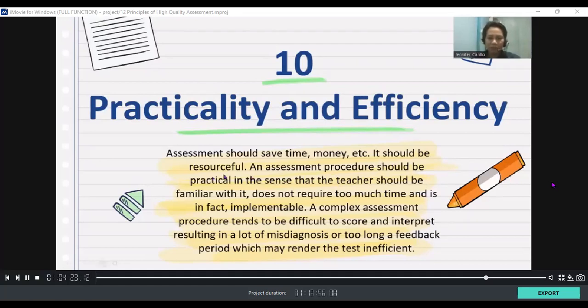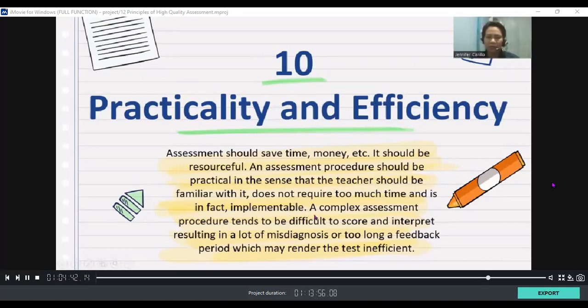It should be resourceful. And an assessment procedure should be practical in the sense that the teacher should be familiar with it. Okay, the teacher should be familiar sa questions nga iyang gibutang, does not require too much time, and is in fact implementable.